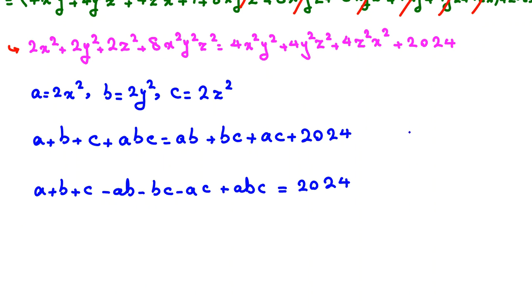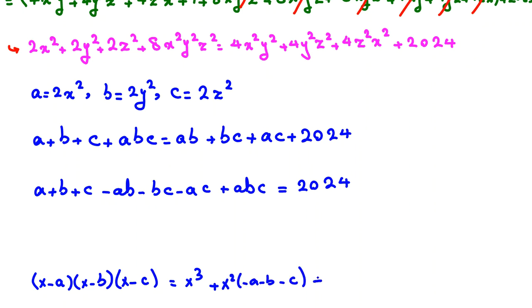It is like Vieta's formula, for example, when we have (x minus a)(x minus b)(x minus c), then it is x cubed plus x squared times (minus a minus b minus c), then plus x times (ab plus ac plus bc), then in the next term it will be minus abc. Okay, and it's similar to this.